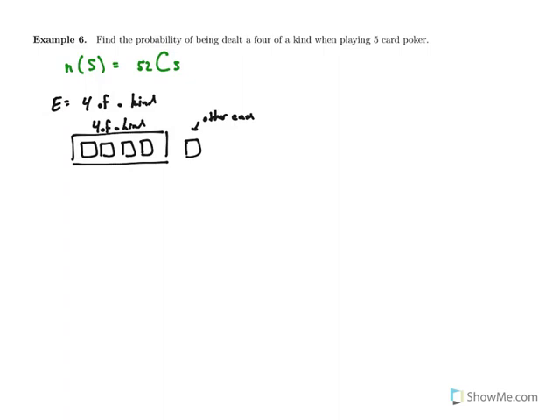So here, there's not just one way to get a 4 of a kind. In fact, there are 13 ways to get a 4 of a kind. That is, what number are you looking at? We are basically just choosing one kind of card from 13 kinds.